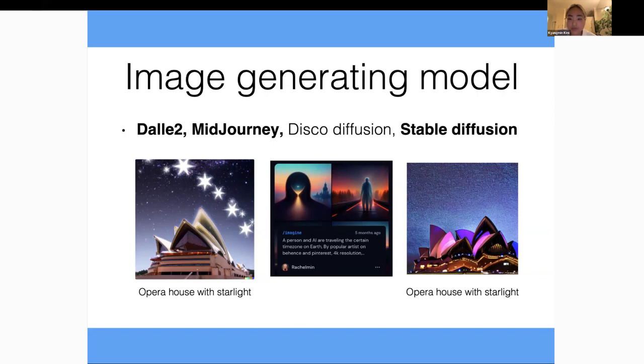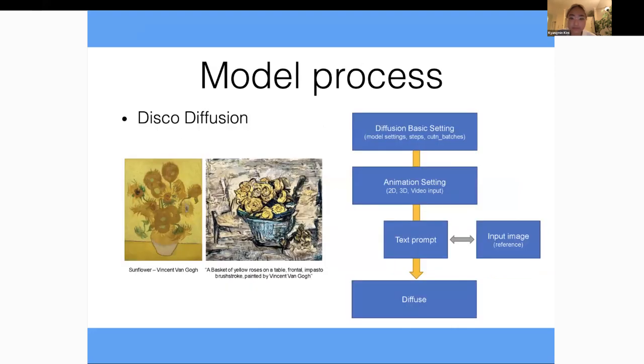Midjourney, which was used for the winning competition mentioned earlier, can be generated in the Discord community. Stable Diffusion, which was released after Disco Diffusion, is comfortable to use with an API interface. New Era was created using Disco Diffusion.